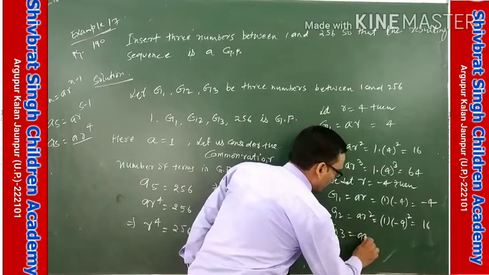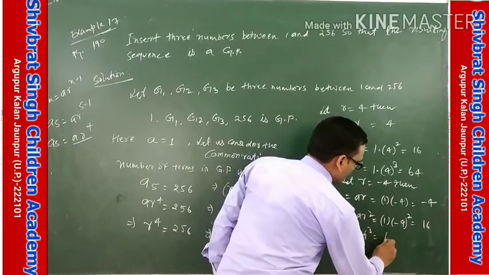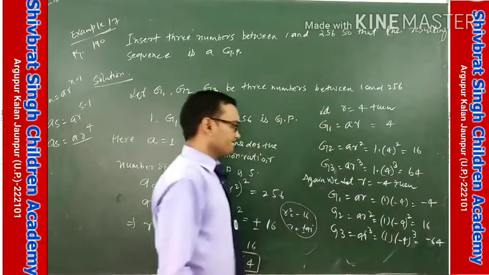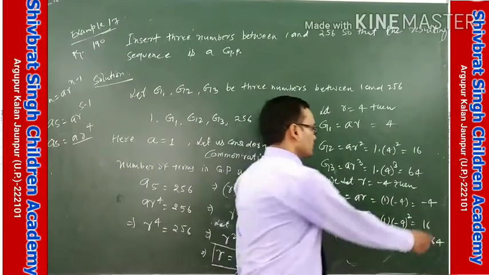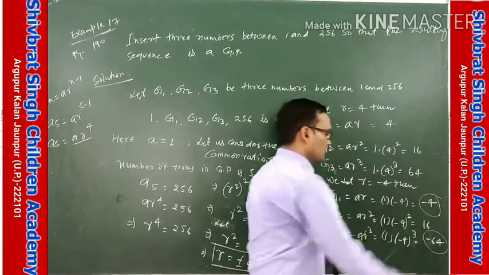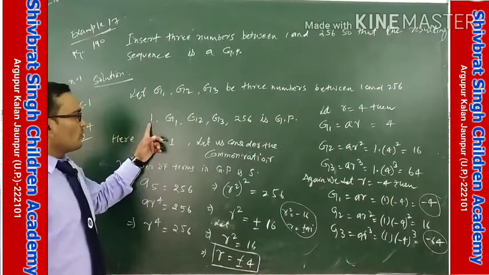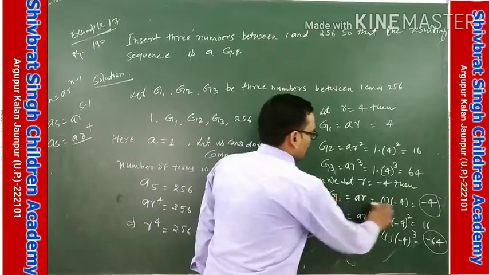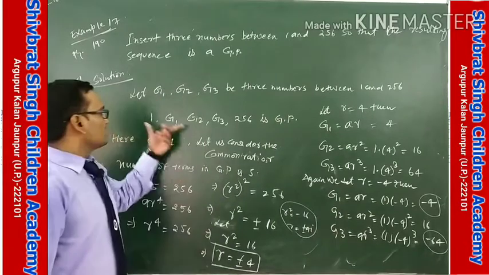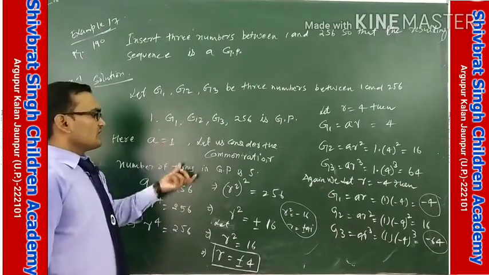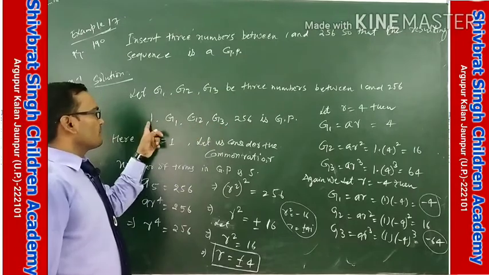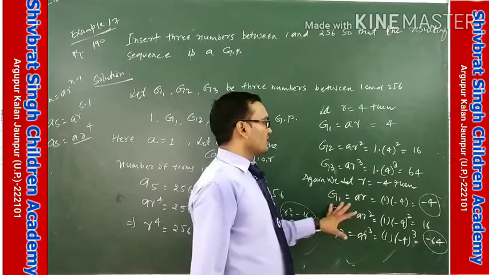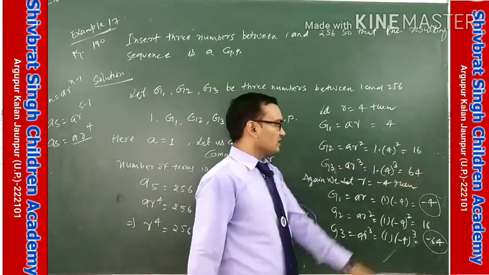G3 equal to ar cube, 1 into minus 4 to the power 3 equal to minus 64. Here minus 4 and minus 64 are not between 1 and 256, so this value does not satisfy the condition. That means G1, G2, G3 are not between 1 and 256, so this value will be left, and your answer is 4, 16 and 64.